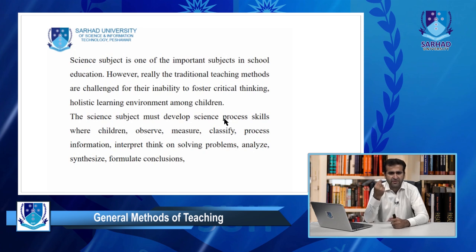They must have the ability to observe the situation, measure the situation, classify the situation, process the available information which they are getting through their observation, measurement and classification, and then they have to formulate certain conclusions. That is why the science subjects are competent to promote critical thinking abilities among the students.